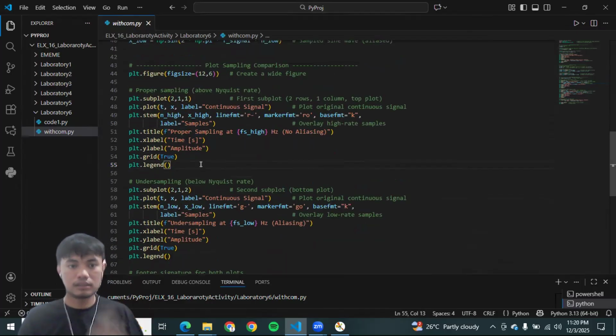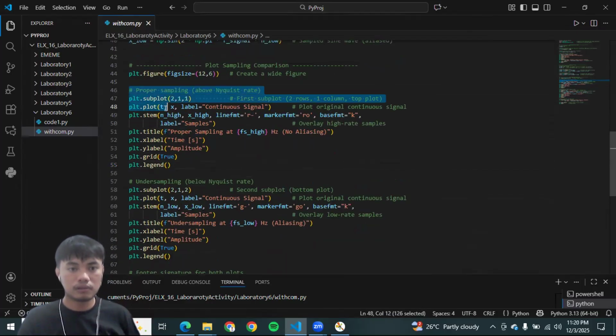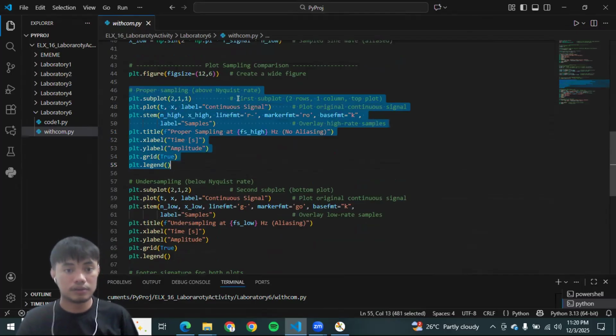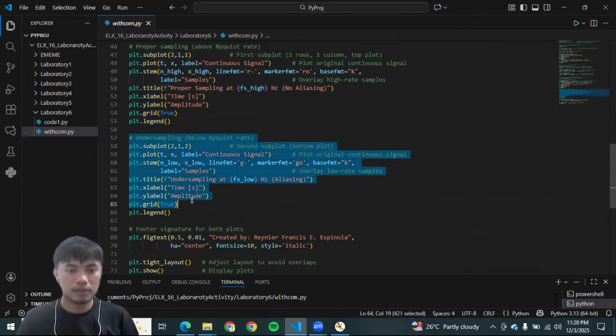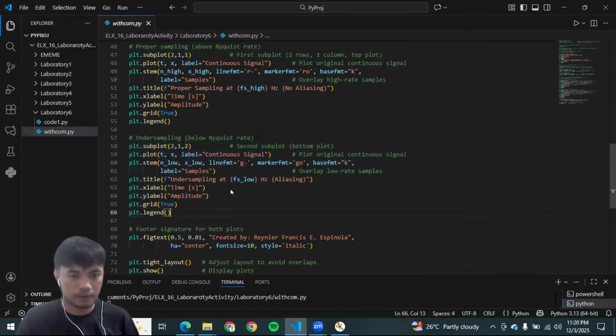Undersampling naman, ito yung block of code that is for plotting something that is above the Nyquist rate. And this block of code naman, ginagamit natin para ma-represent yung undersampling, which is yung nag-occur yung aliasing natin.